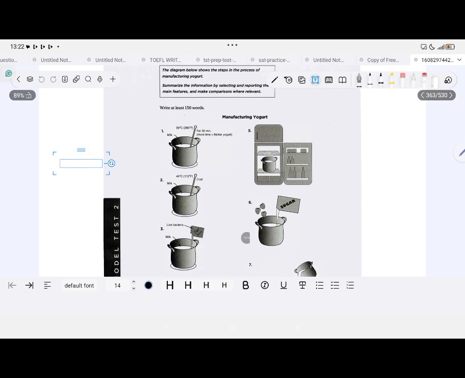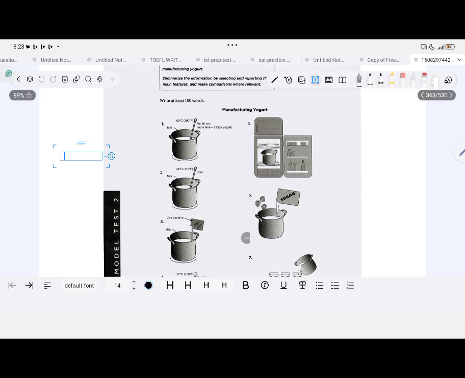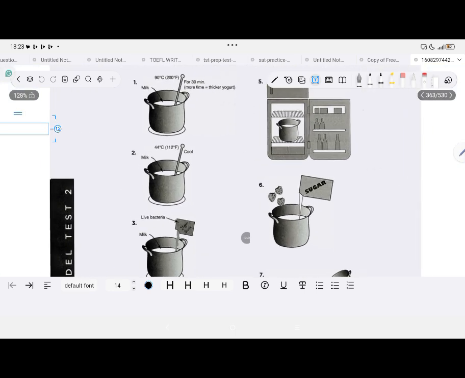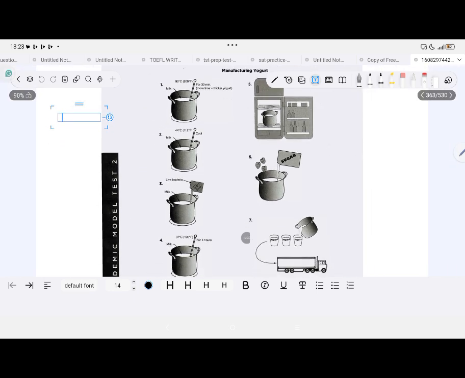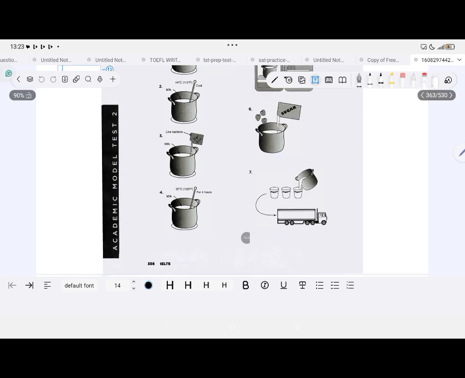Then we have paragraph 2. You wait for the milk that you have boiled to cool to 44 degrees Celsius or 112 degrees Fahrenheit. Once it has cooled, we pour what into it? Let's see, yogurt what? Starter, which is a live bacteria, into the milk. Then you wait for it to cool again for 4 hours.